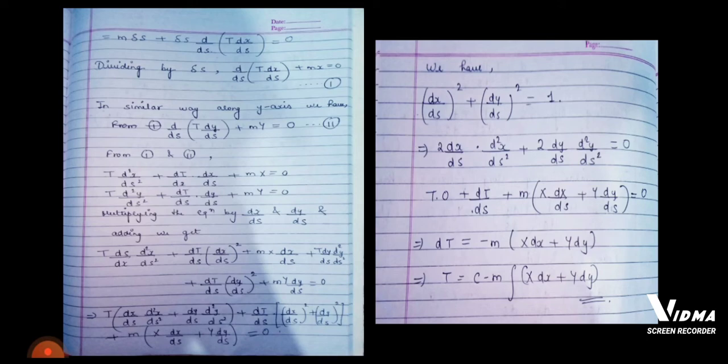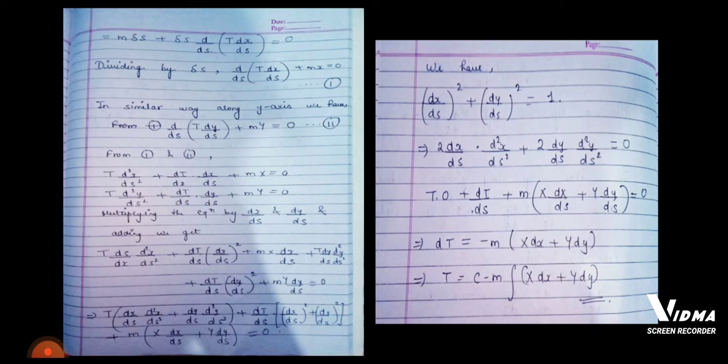In the similar way, along y-axis, we will get d by ds of T dy by ds plus my equal to 0. These will be equations 1 and 2, and from these equations, we will get the equation T d square x upon ds square plus dT by ds dx by ds plus mx is equal to 0, and similarly equation 2 from equation 2.